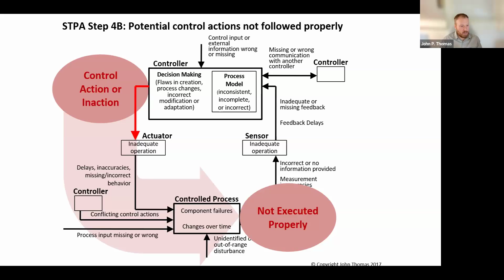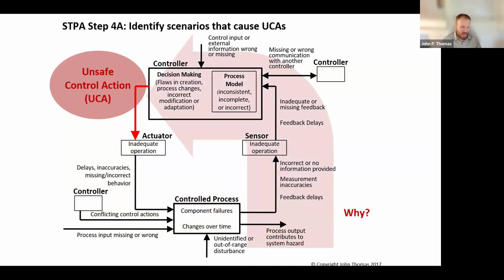One of the challenges is if you've got really complex control loops or complex controller software making these decisions, it can be time consuming, and the tree can sort of branch quite a bit. And if you imagine starting from a UCA, let's go to this slide. Imagine starting from a UCA working backward. You can have almost endless branches if it's immensely complex and you have a large number of things to consider all at once.